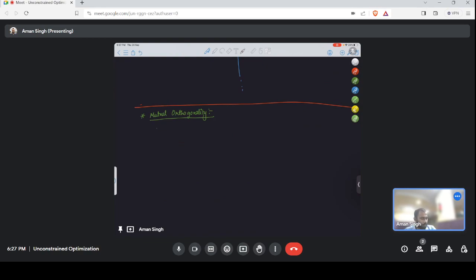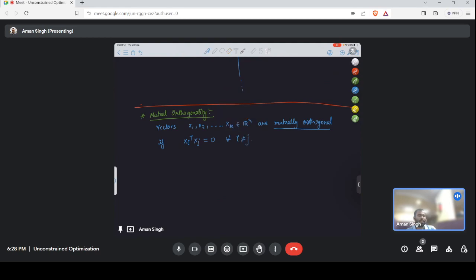So vectors x1, x2, ..., xk belonging to Rn are mutually orthogonal if xi transpose xj, or the dot product, is 0 for all i, j with i not equal to j.